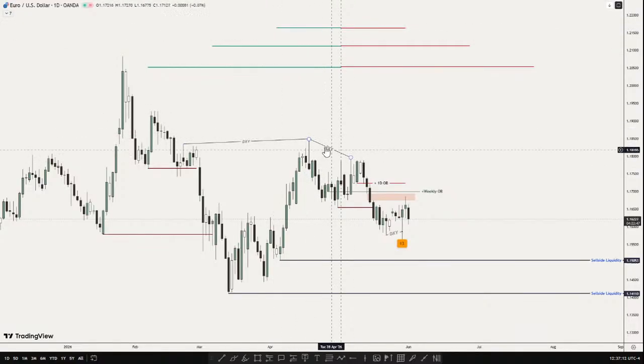So we created an SMT with this high and then we moved forward with volume and broke down this low, creating a weekly order block, daily order block, and this daily IRL, which is daily fair value gap.